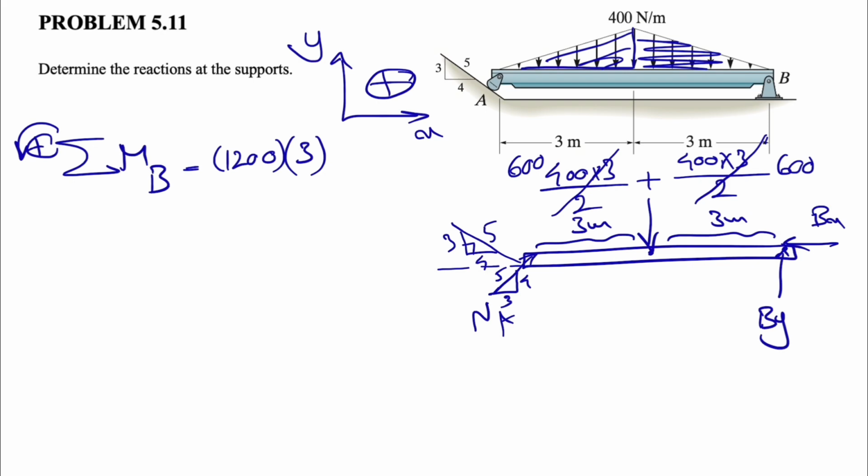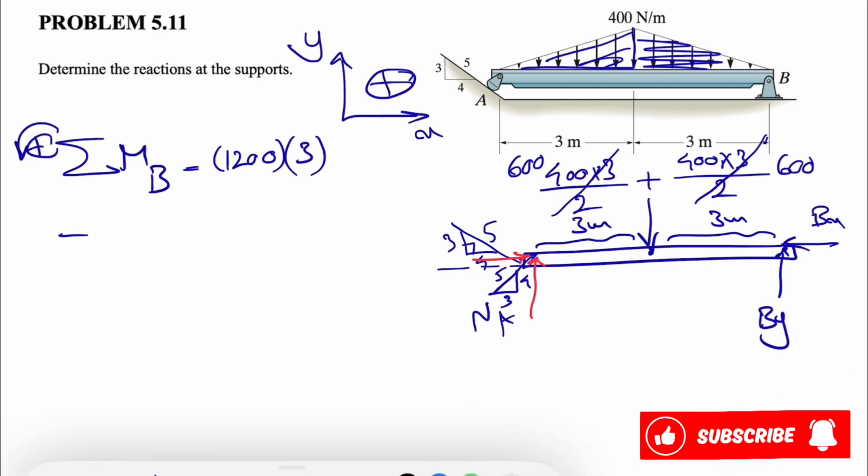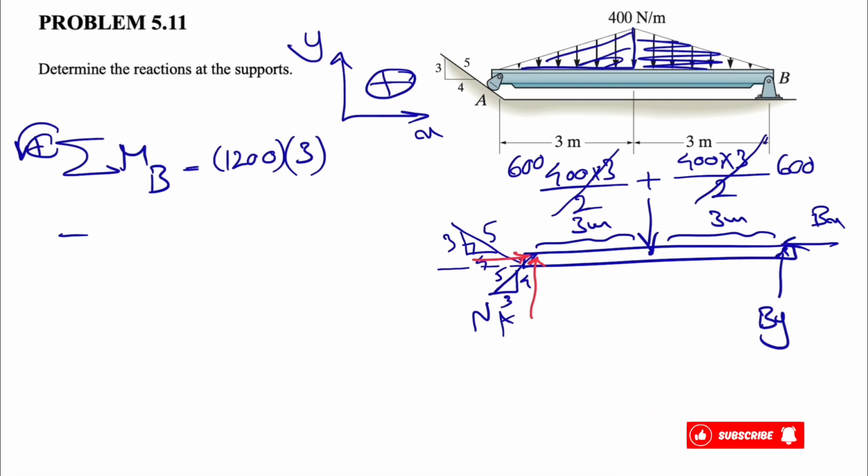And the second part is the moment of NA. If we look at NA, we'll see that the X component of NA won't make any moment. I'm going to show it in red. This will be our X component, and this is our Y. Only the Y component is making a moment, and it will be clockwise, so there's a negative sign here, and the distance will be 3 plus 3.